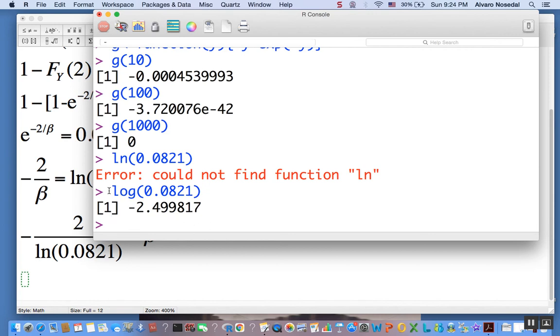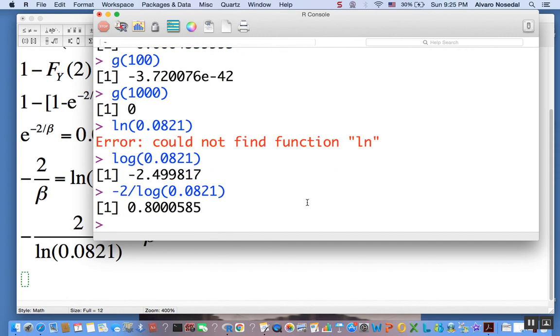Okay, so we have this, right? But what we want is minus 2 divided by that times minus 1. So let's do minus 2 times, well, minus 2 divided by this guy here. Okay, so roughly 0.8.